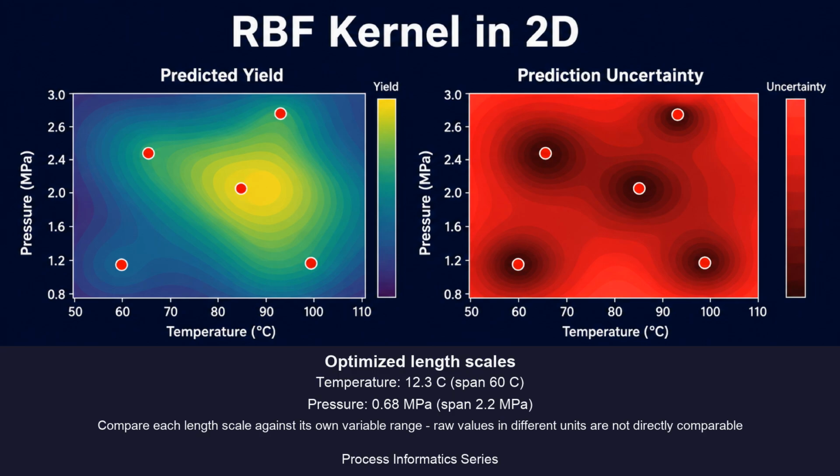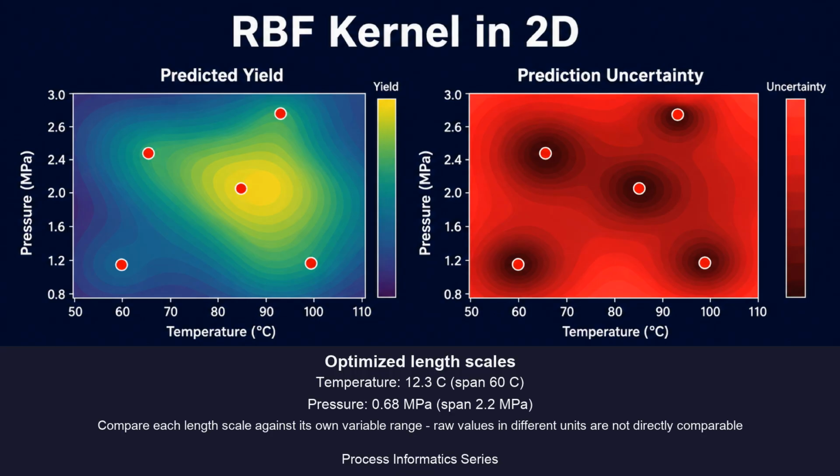When working with multiple inputs, like temperature and pressure, the RBF kernel naturally extends to higher dimensions. The left plot shows predicted yield as a heat map, with our 5 experimental points marked. The right plot shows prediction uncertainty, which is high in regions far from any data point. An important insight comes from the optimized length scales, about 12 degrees for temperature and 0.68 megapascals for pressure.